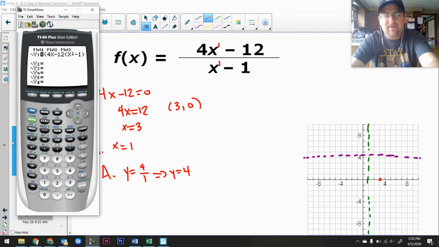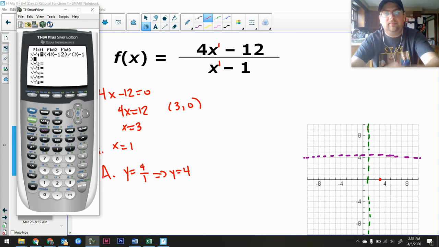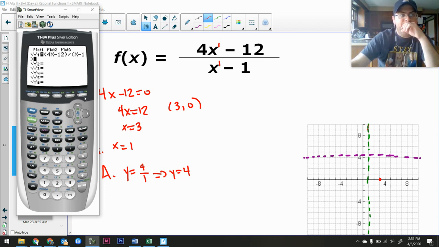All right, 4x minus 12, and we've got divided by x minus 1. Okay, graph that. Oop, of course, I zoomed in. Oh, good. See that part of it. Zoom six back to normal.